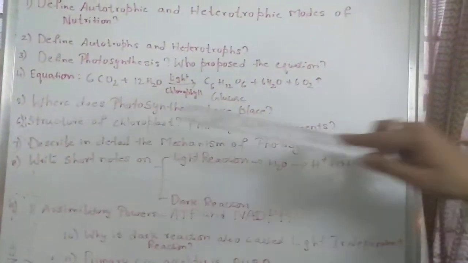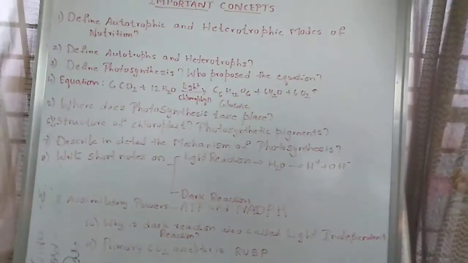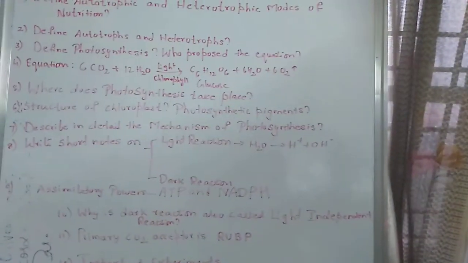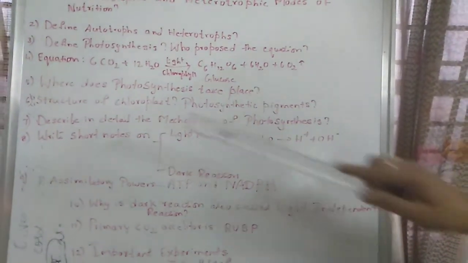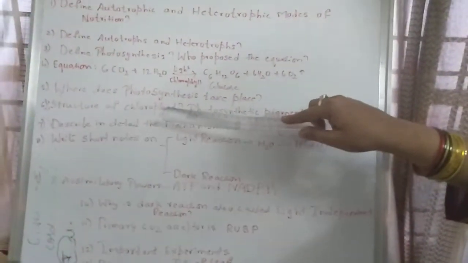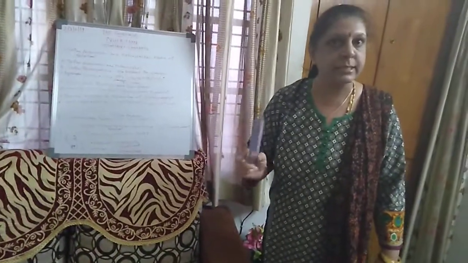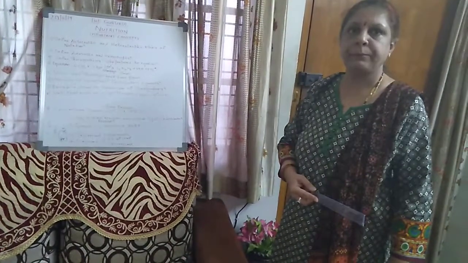So, where does photosynthesis take place? Photosynthesis takes place in all the green plants, and we have to know the structure of chloroplast. And where is this chlorophyll present? The chlorophyll is present in cell organelles called the chloroplasts. The plants are green in color because of the presence of the pigment chlorophyll, and this chlorophyll is present in certain organelles called chloroplasts.